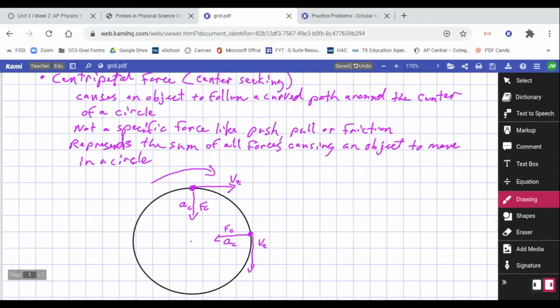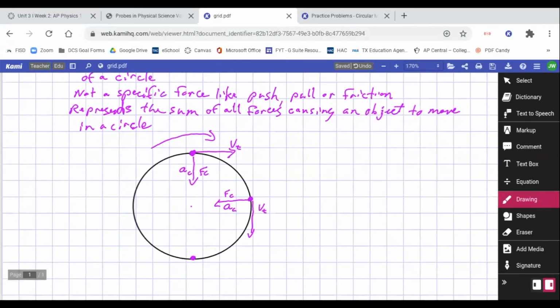We'll do one more just so you have the example. If you're at the very bottom, our tangential velocity would be going to the left. Upwards, we would have the centripetal force and the centripetal acceleration.